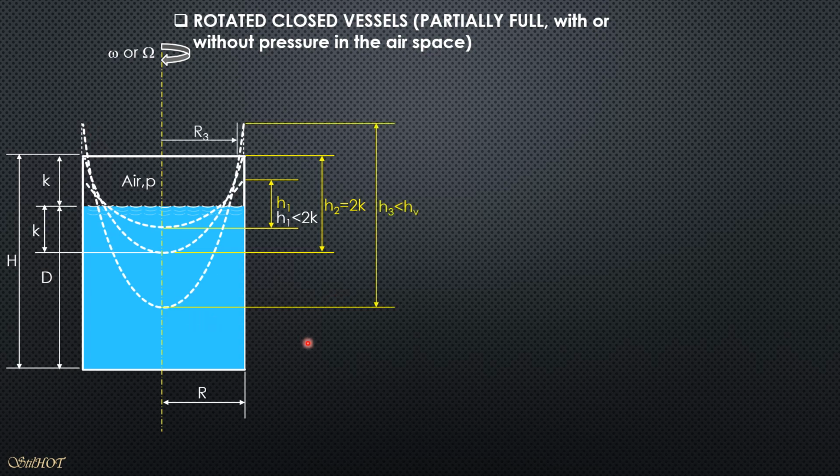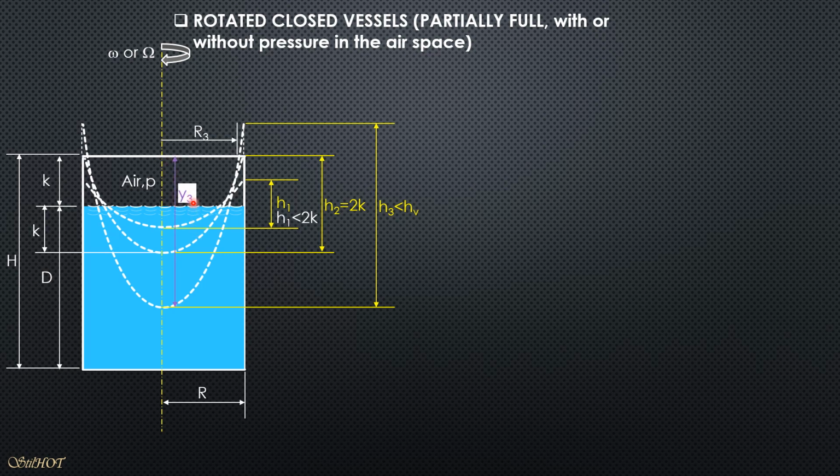We'll denote the height as h3, which is less than hv, because hv is the height of the paraboloid when the vortex exactly forms on the bottom center. So the imaginary surface crosses the top cover with radius r3, and its height is denoted by y3.